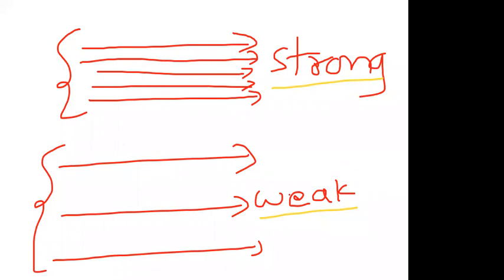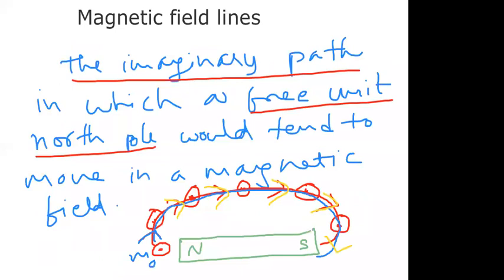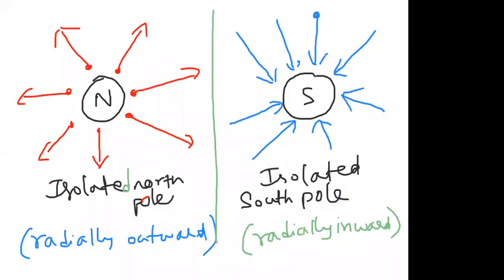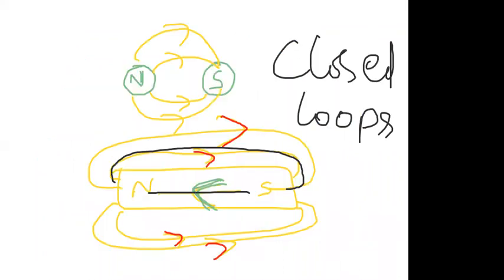What we discussed in magnetic field lines: they are imaginary lines drawn in the path along which a unit north pole tends to move. Next, we take an isolated north pole and isolated south pole. Then we discussed the bar magnet, closed loops: outside they go from north to south, inside from south to north, and they form closed loops.